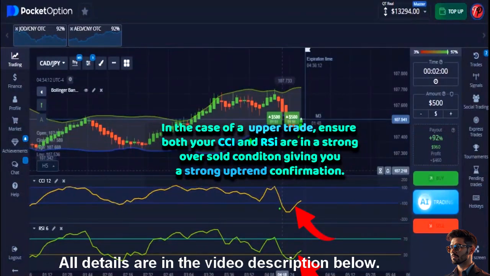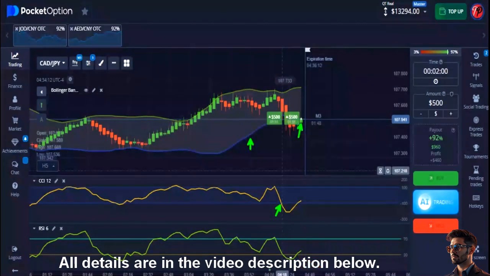You need to have them in a very strong oversold condition, and not only that, always make sure that you have them giving you an uptrend confirmation, just like it was happening right here. You see that we have them in a very strong oversold condition, but both lines are also giving us a very strong uptrend confirmation.